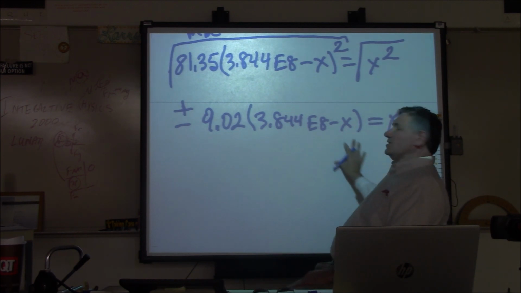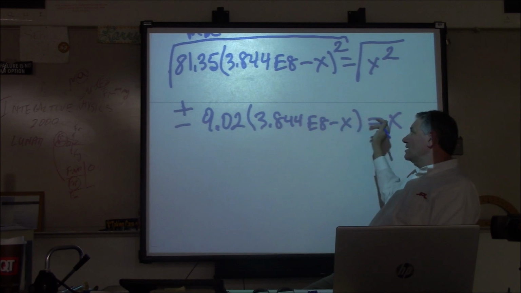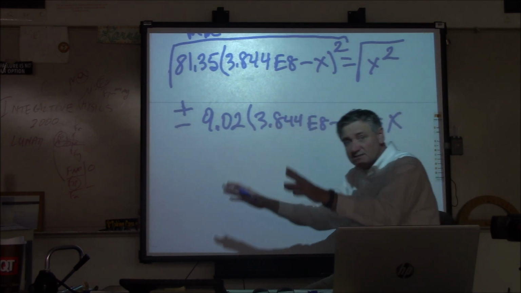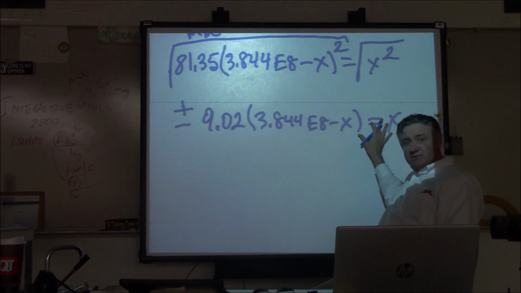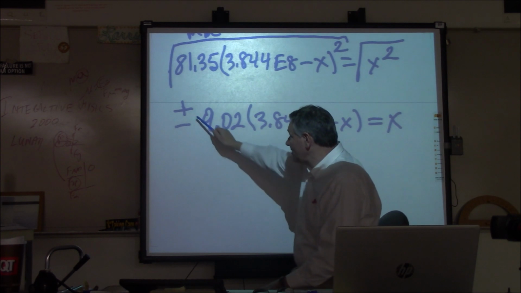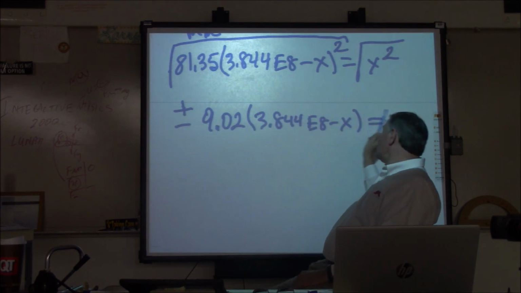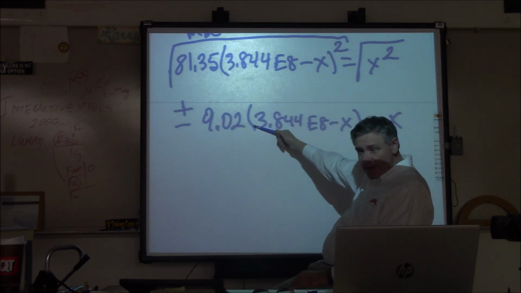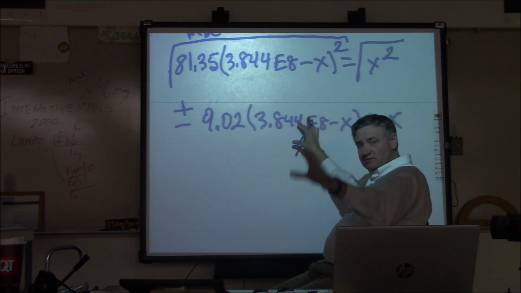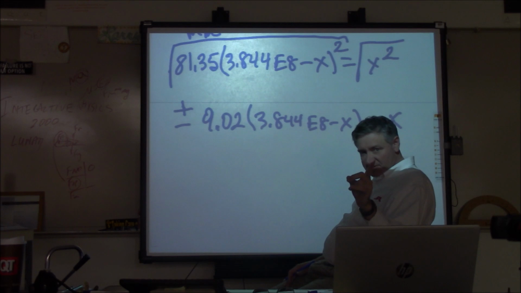Then you're going to move this x over here, however you want to do it, but you're going to get your x's on one side, and you're going to get your numbers on the other, and you're going to solve for x. So you still have to distribute this. You still have to combine your x's, put your x values on one side, put your numbers on the other, solve for x. It's the first time.